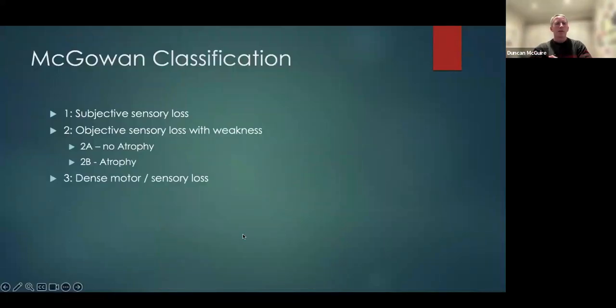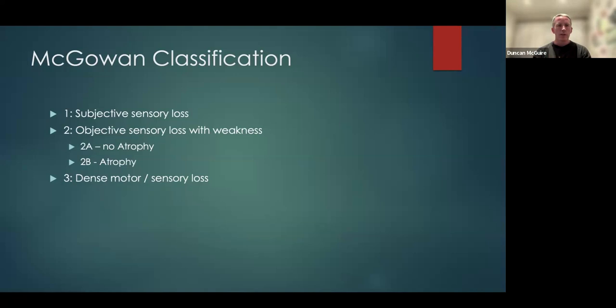So it's classified by McGowan. McGowan 1 is subjective sensory loss. If you actually test them with pinprick or Semmes-Weinstein filaments, their sensation is normal, but they do complain of pins and needles, paresthesia, and they do feel that the fingers are a bit numb, but there's no motor weakness. They don't complain of any loss of strength.